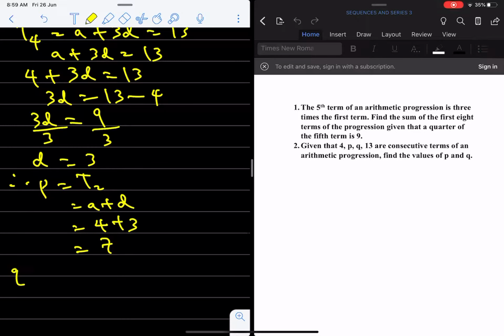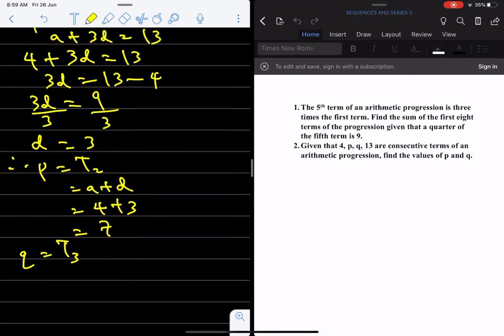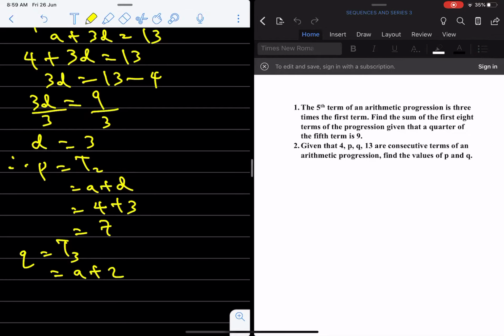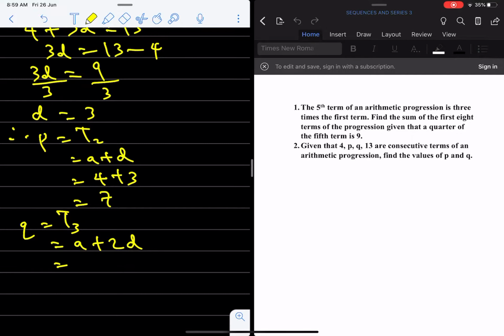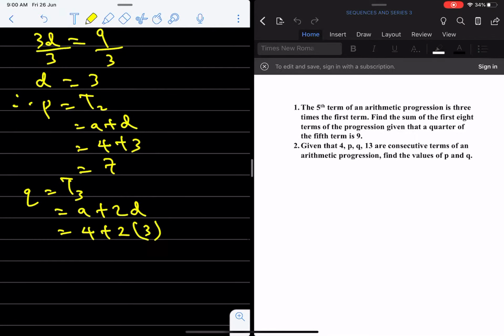And Q, which is the third term of the sequence and is defined by a plus 2d, is equal to a, which is 4, plus 2 times d, which is 2 times 3, since d is 3, and that's 4 plus 6, which is 10.